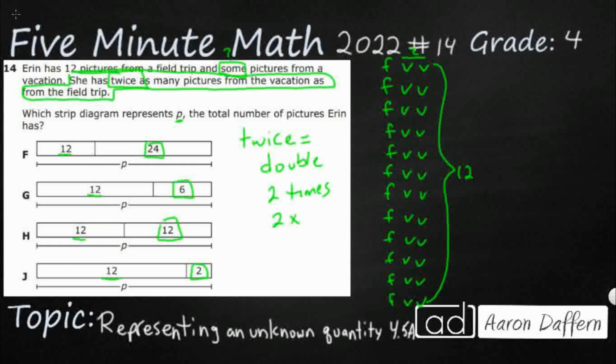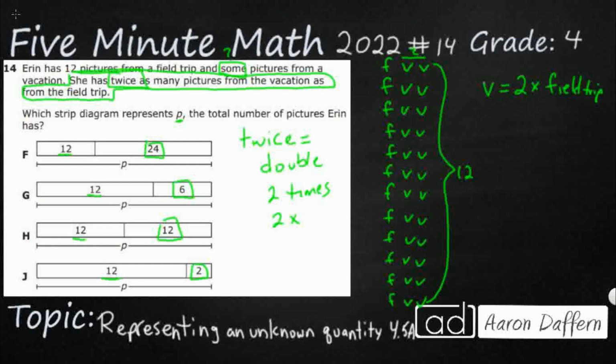We could have looked at it with an equation. Twice as many pictures from a vacation as a field trip. So we could have said vacation equals 2 times, because that's what it says, twice as many from the vacation as the field trip. So 2 times the field trip.